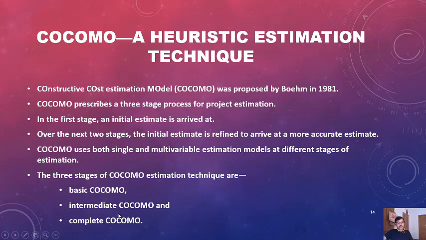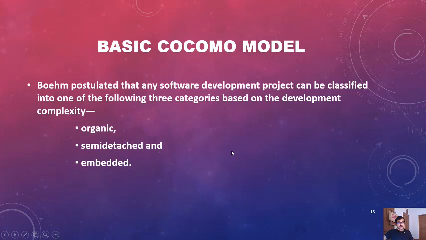The basic COCOMO. Boehm postulated that any software development project can be classified into one of three categories based on the development complexity. Based on the complexity, what problems arise in development.